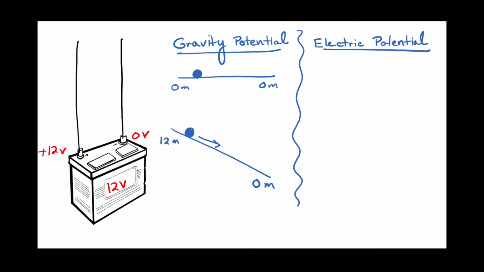Electric potential is based on how charges move. If we have not a ball this time, but an electron, and we place it where the potential is 0 volts, and over here it's 0 volts, this electron or charged particle will not want to move.